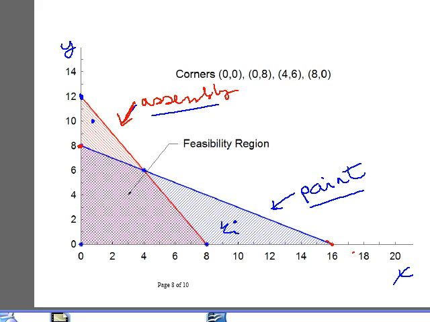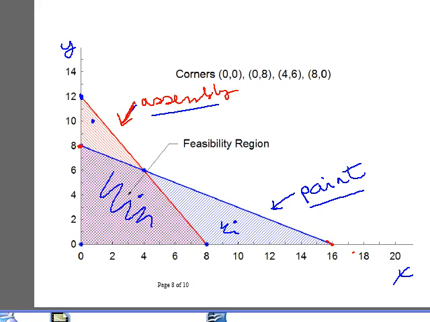But the feasibility region is the region where both the painting and the assembly would get done. So that's a double-crossed region, and that's in here. So for example, if I schedule 4 economy and 4 deluxe, then I can be assured that that many models will both get assembled and painted.